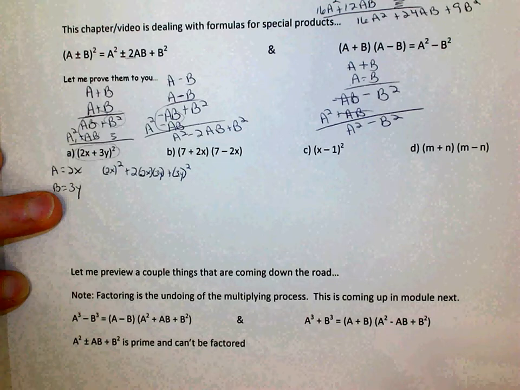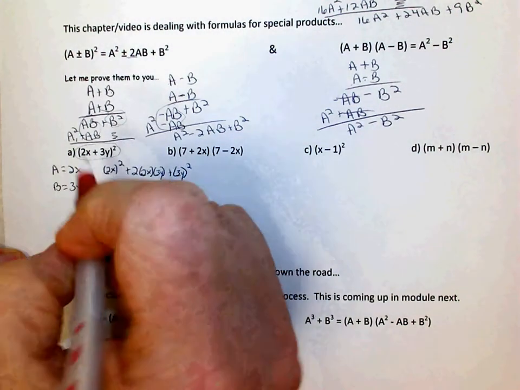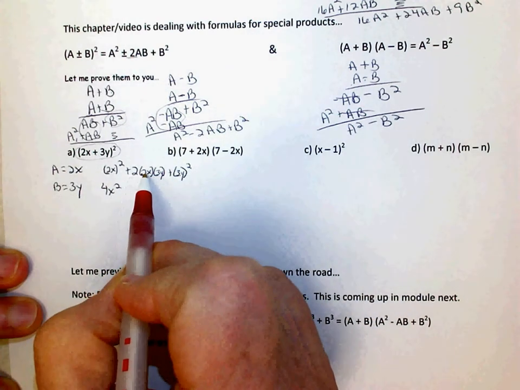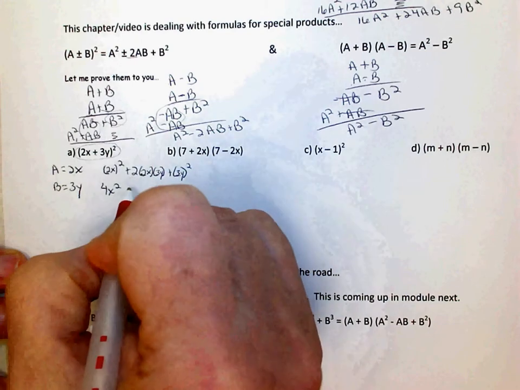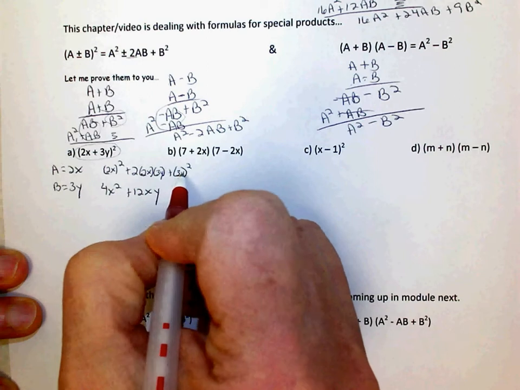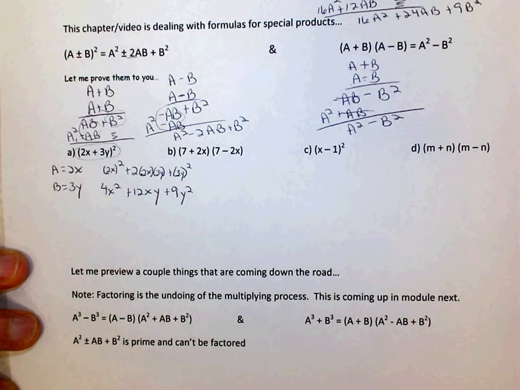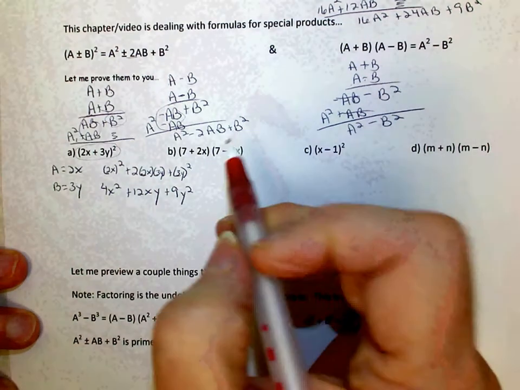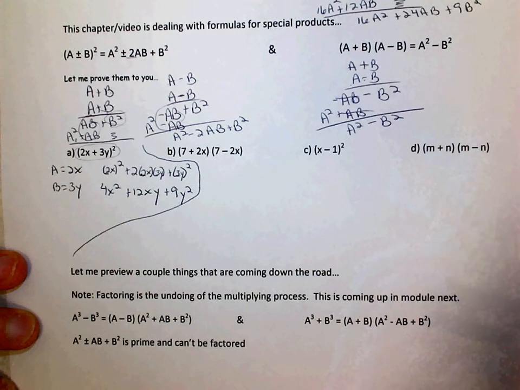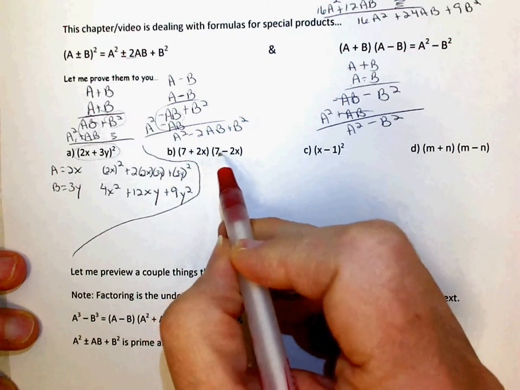Okay, you notice how I did this. 2x times 2x is 4x squared. 2 times 2 is 4 times 3 is 12xy. And 3y times 3y is 9y squared. Okay, I know I kind of didn't leave you enough room here. Sorry about that.